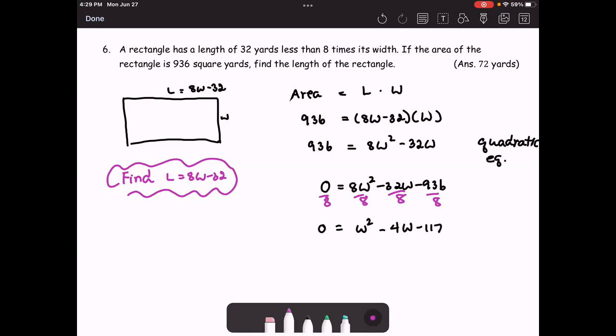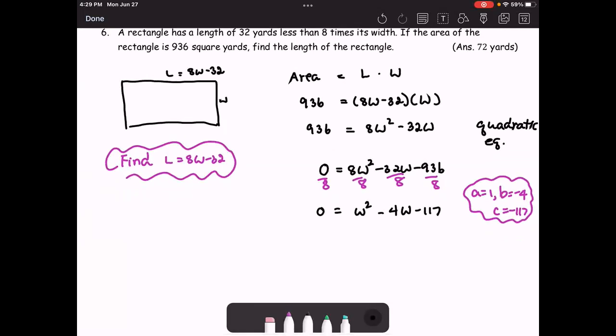At this step, we can see that we have a equals 1, b equals negative 4, and c equals negative 117 of the quadratic equation form.